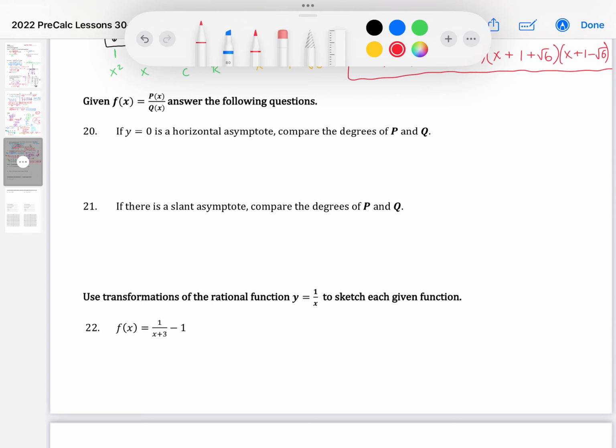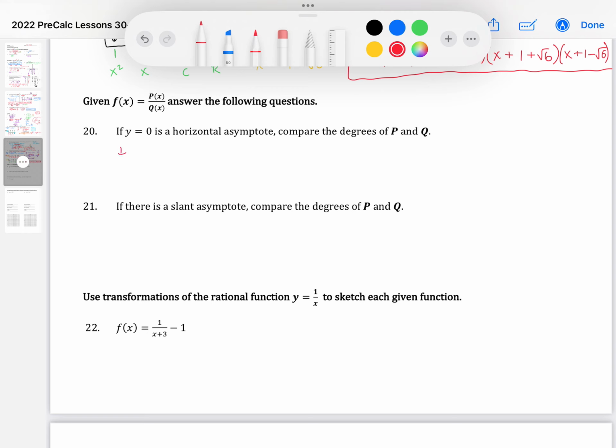All right, in 20, we're asked about the degrees of a rational function. And we are given that f of x is p of x over q of x. And they say if y equals 0 is a horizontal asymptote, compare the degrees of p and q.